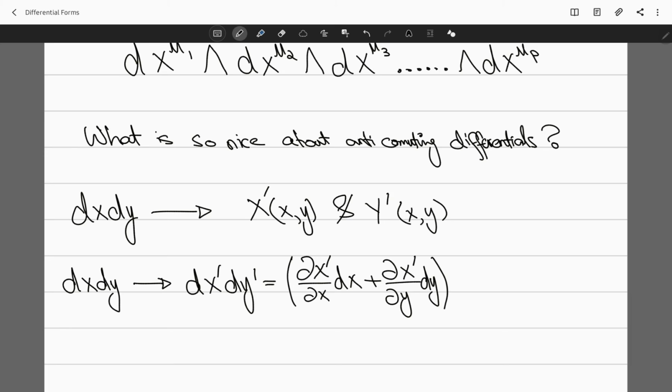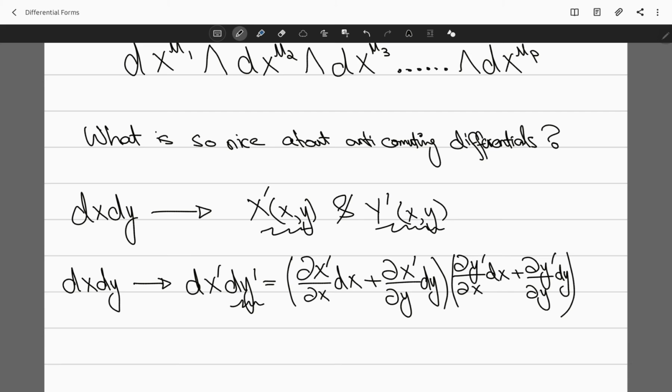We are just taking the derivatives of these things. And times for this dy now, we would have partial y prime over partial x dx plus partial y prime over partial y dy, right?